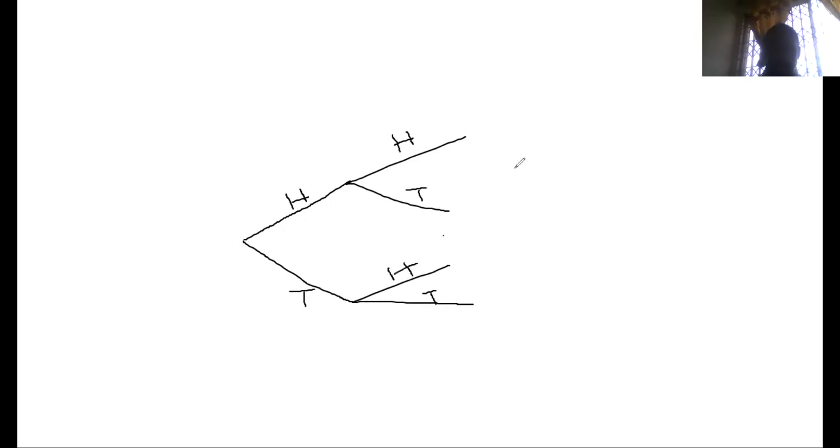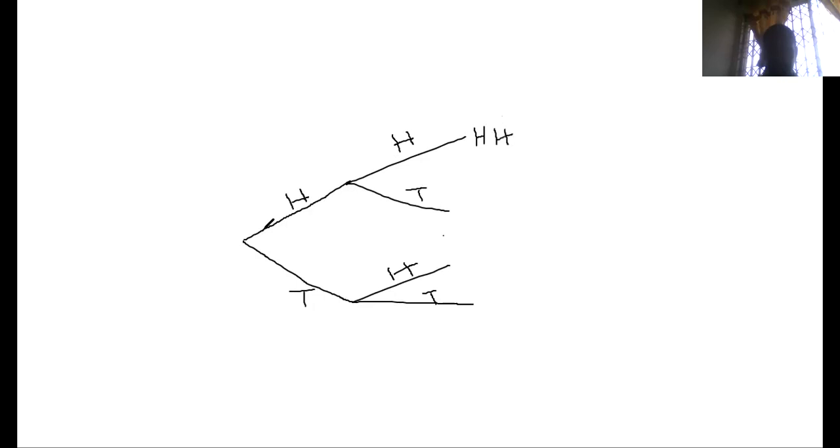Okay. So here we see that the possible outcomes will be what? 4. So if we follow from the start, like you go through this direction, we have 2H, so head, head.